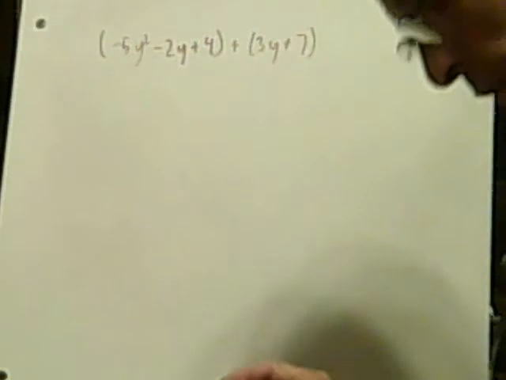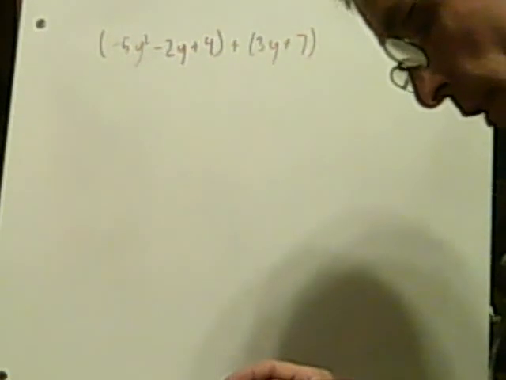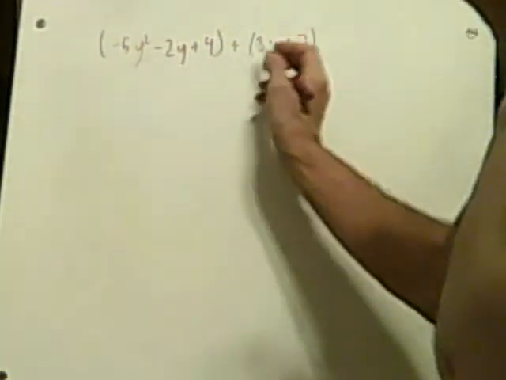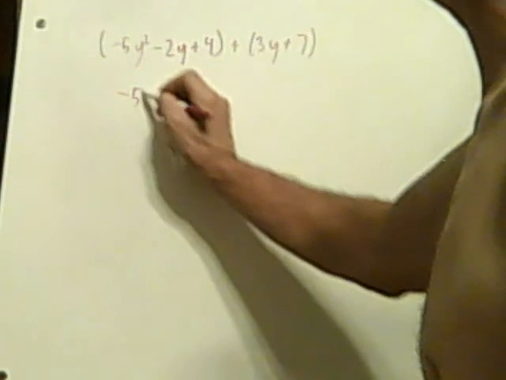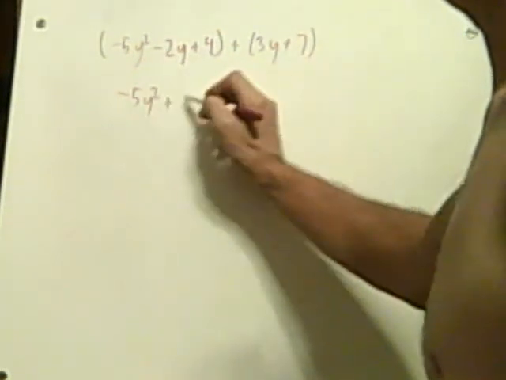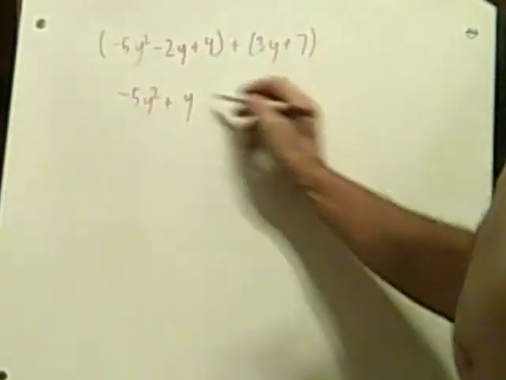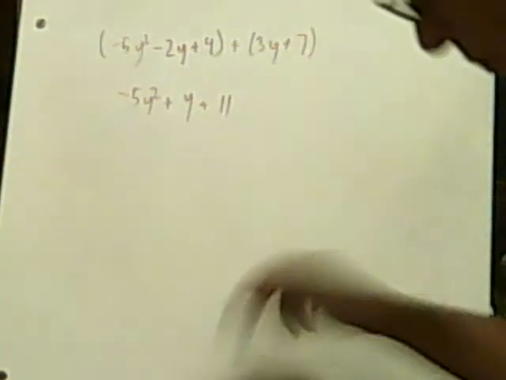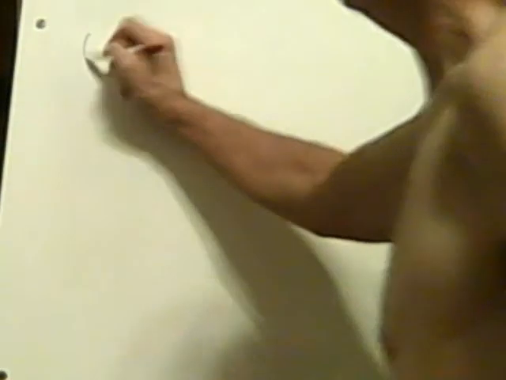Okay, so simplify and do this. So we're just going to go through them just like we did on all the other ones. Minus 5y squared plus y, because plus 3 and minus 2, plus 11. Okay? This is just exercising our mind.